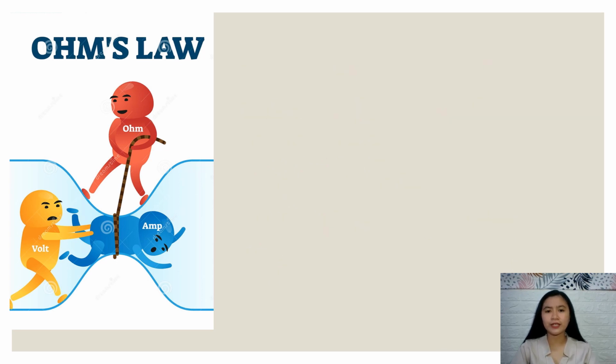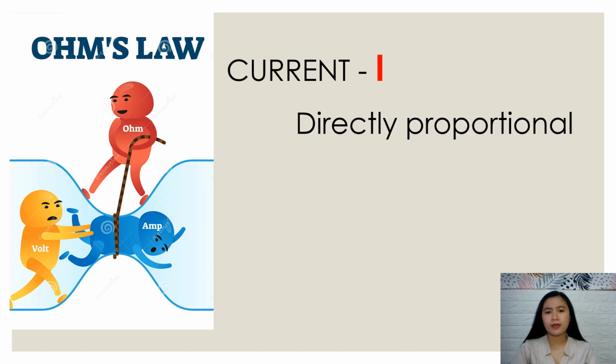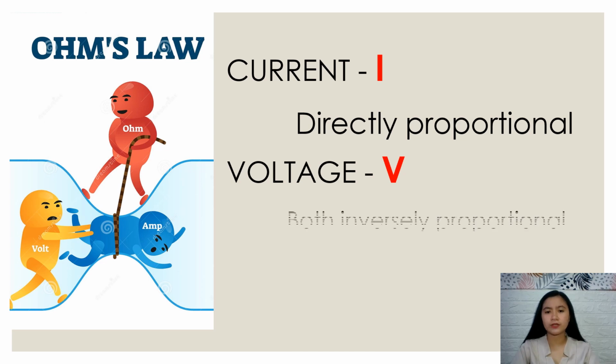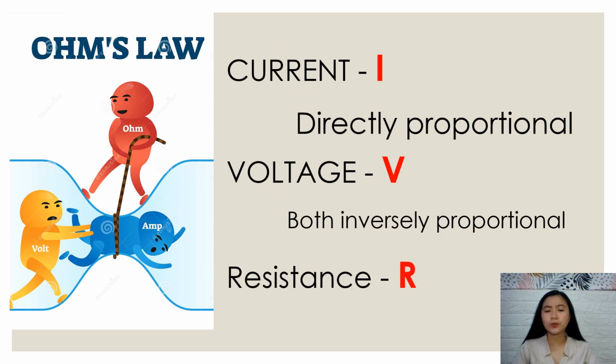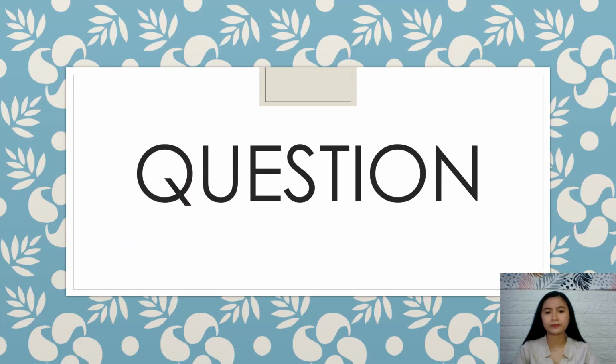For better understanding, let us chop the information stated by Ohm's law. Based on this statement, current I is directly proportional to the voltage, and current and voltage are both inversely proportional to the resistance.